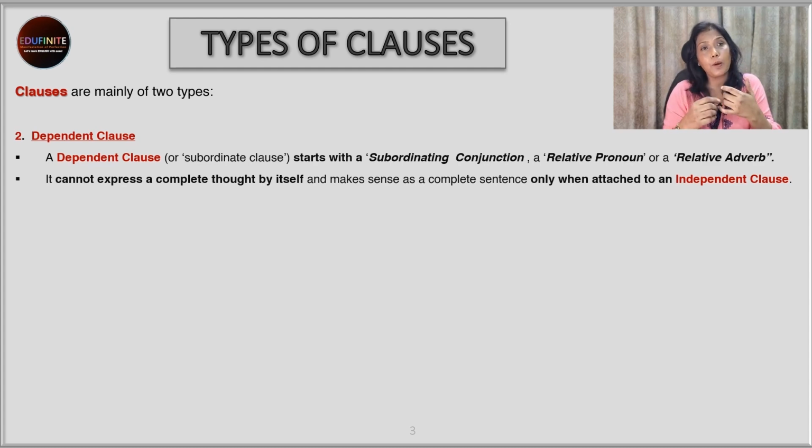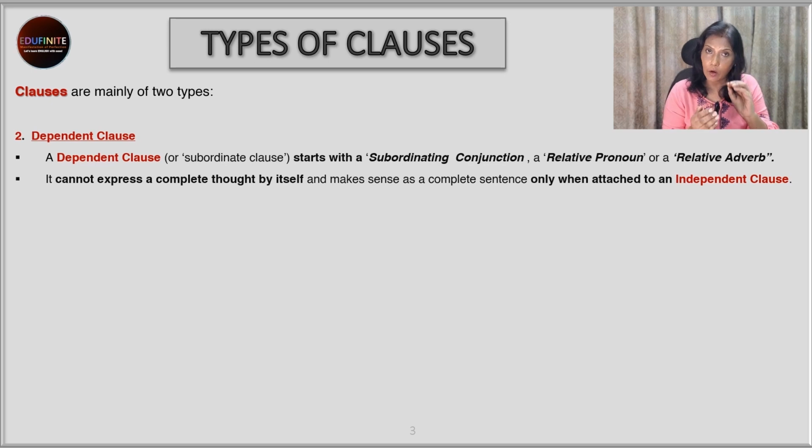Now, the next part is, it cannot express a complete thought by itself. So here it differs from an independent clause. It cannot express a complete meaning by itself. So what it has to do? It makes sense as a complete sentence only when attached to an independent clause.